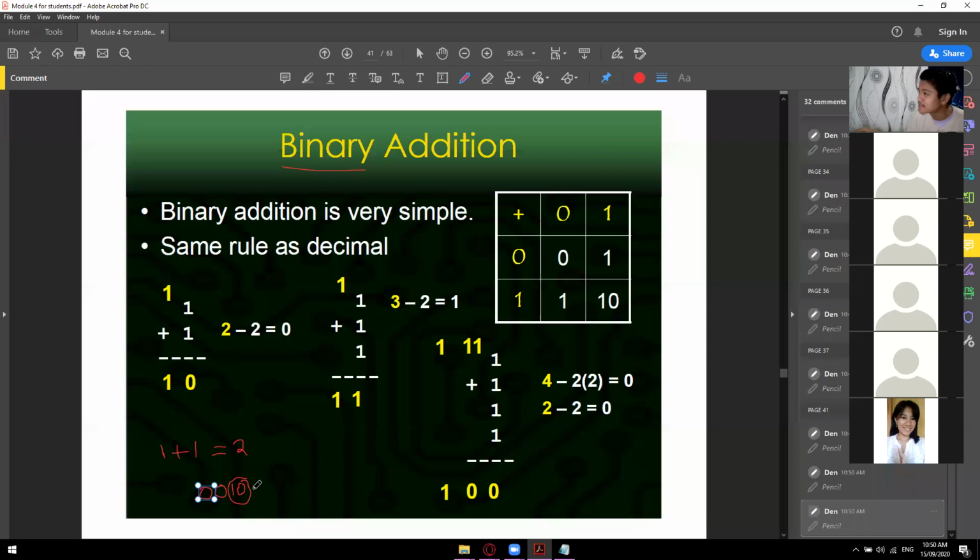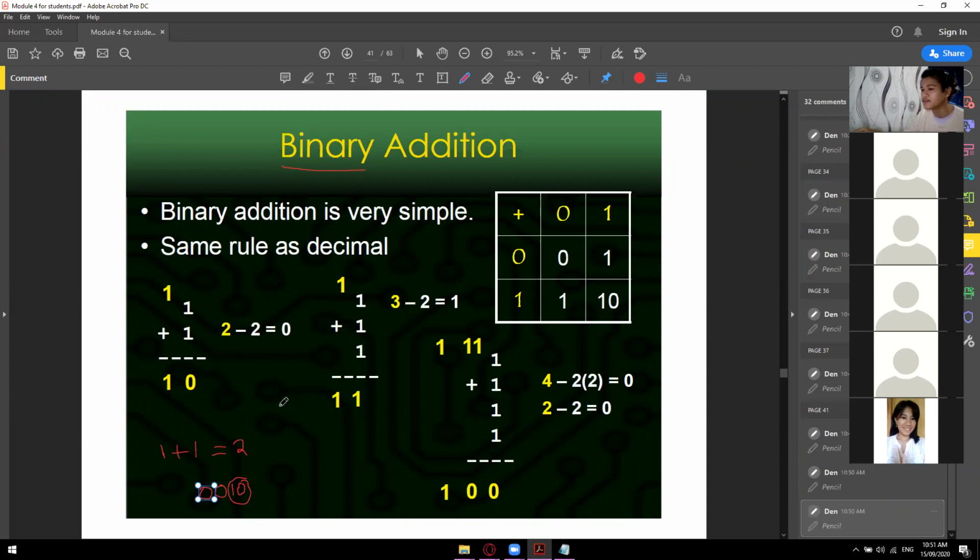Okay? Pero meron akong tip dito. Actually, mas madali. Pag 1 plus 1, 10. 1 plus 1 plus 1, 11. And then, 1 plus 1 plus 1 plus 1 is 100. And then, let's say, limang 1, is 101.